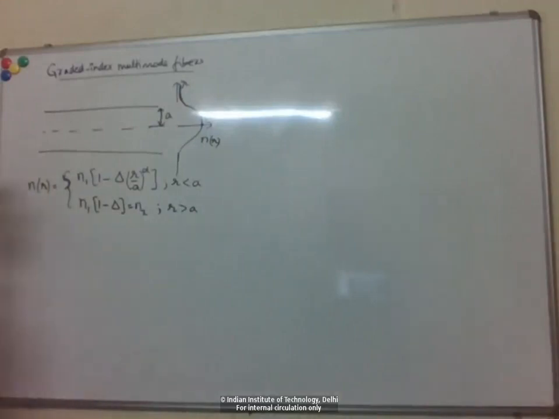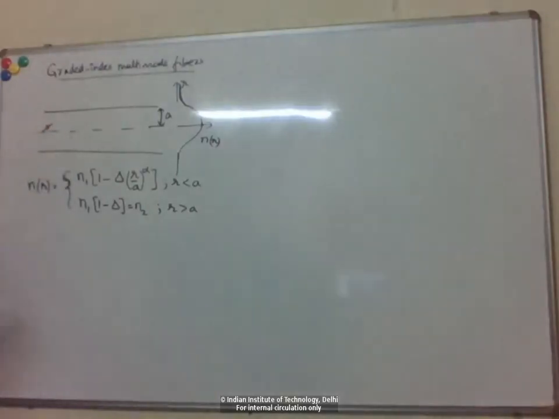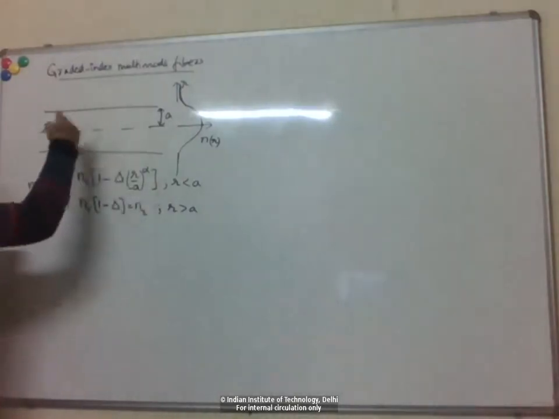Now you can imagine that for such a smoothly varying index profile, let's imagine we launch a ray at some angle at the input. In the step index fiber, because the index was constant, the ray path was straight lines.